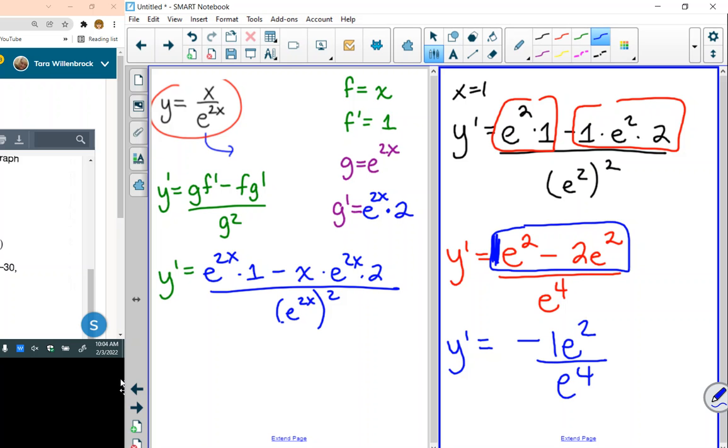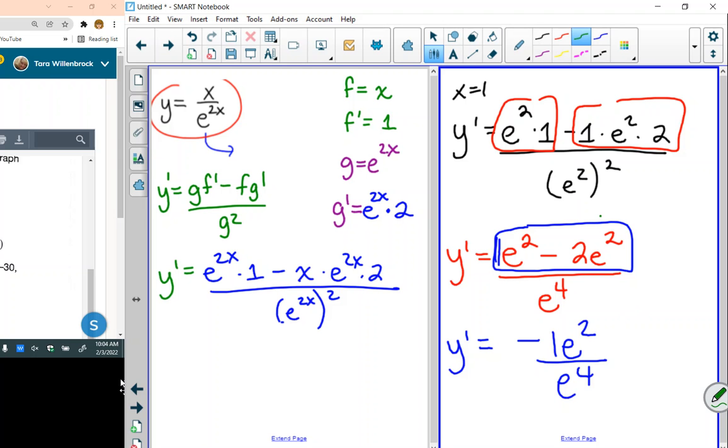One of them minus 2, because they're the same expression. They're essentially kind of like terms. E's with the same power, you can do addition and subtraction with. So if I have an e squared and I subtract 2 e squareds, that gives me negative 1 e squared.